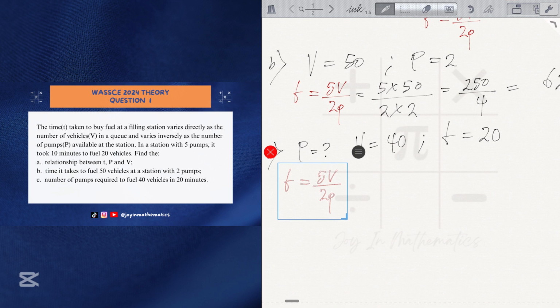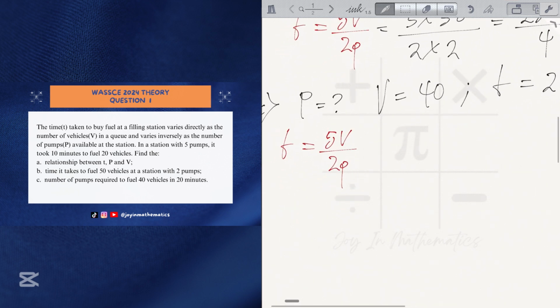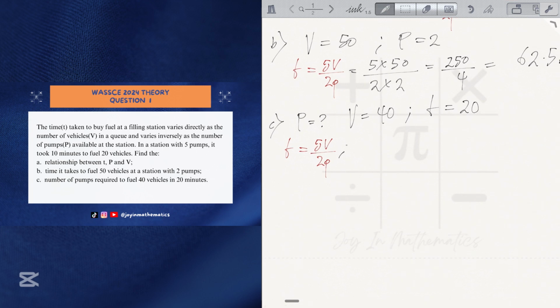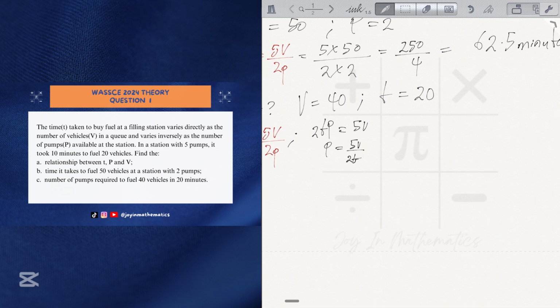But this time we want to make P the subject of the formula. So if you cross multiply, we have 2TP is equal to 5V. Let's use P in capital letters. So P will be equal to 5V divided by 2T. Now we'll just substitute our values of V and T.